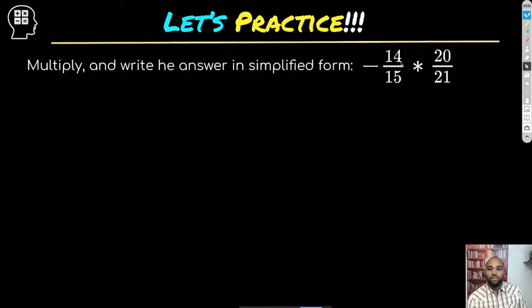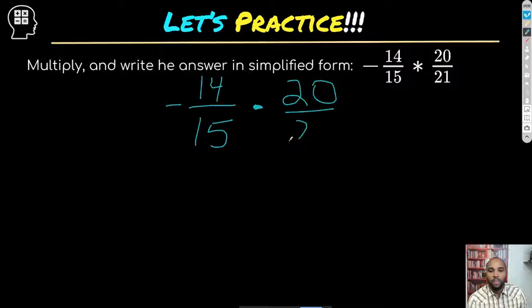What about this one? Negative 14 over 15 times 20 over 21. How do you work that? So I'm going to rewrite it down here just to give myself some more space. Negative 14 over 15 times 20 over 21.